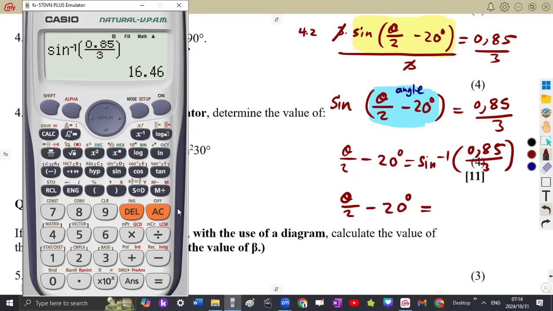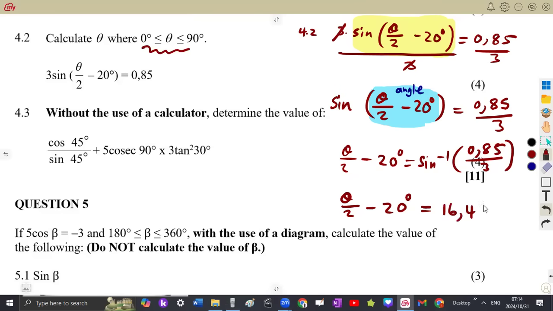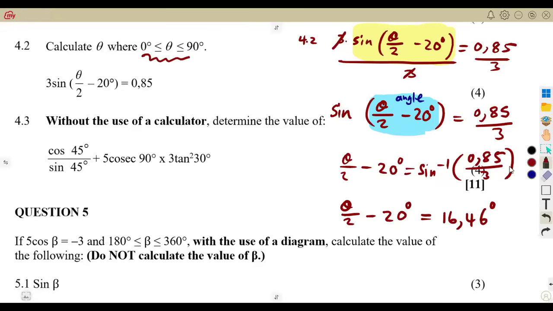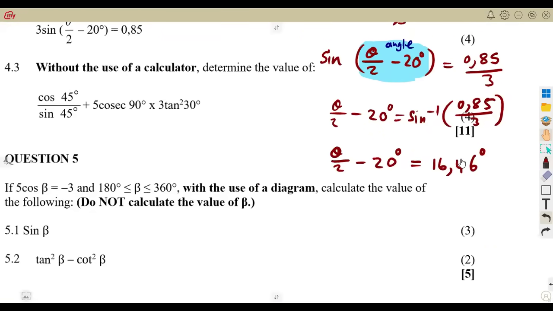All right, so that is going to give us 16.46 as a decimal to 2 decimal places. That's 16.46 degrees. So you can even use your calculator directly. Yes, you can divide this, have your decimal, and simply use arc sine of that decimal. Still, you're going to have the same answers.